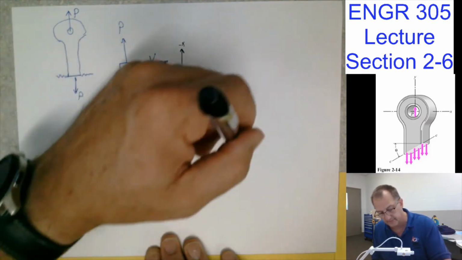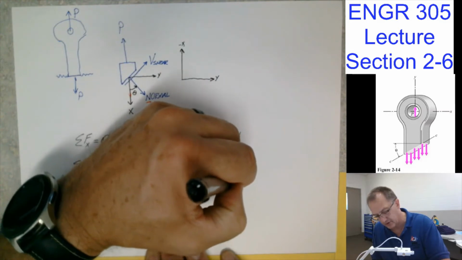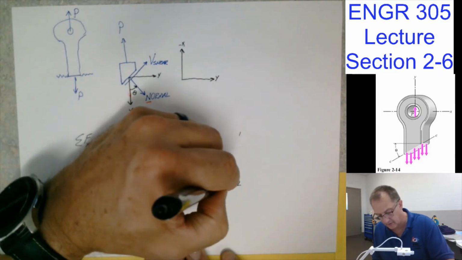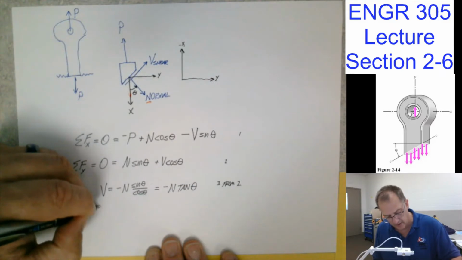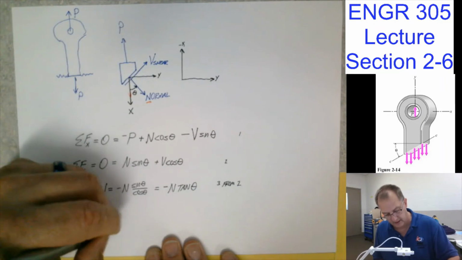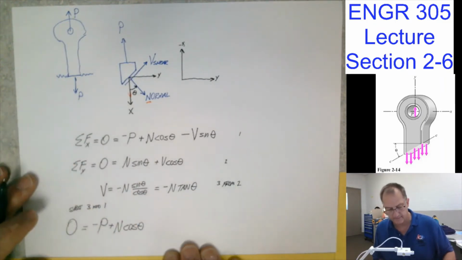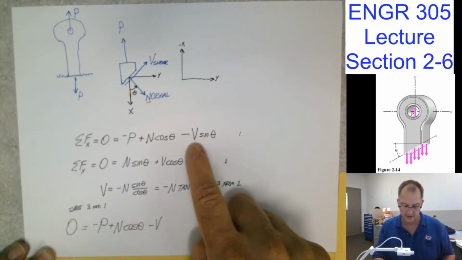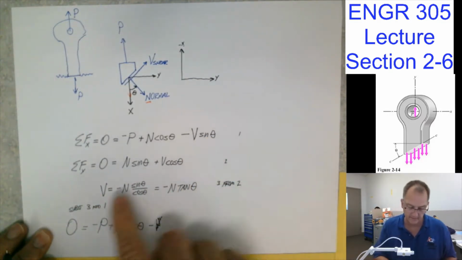So if I start numbering equations, this is 1, 2, and this is 3, from 2. And then I'm going to substitute 3 into 1. And I'm going to get 0 is equal to minus P plus N cosine theta minus V times, oh, sorry, not minus V. I'm substituting that in.